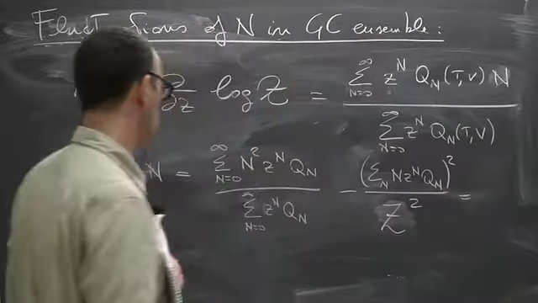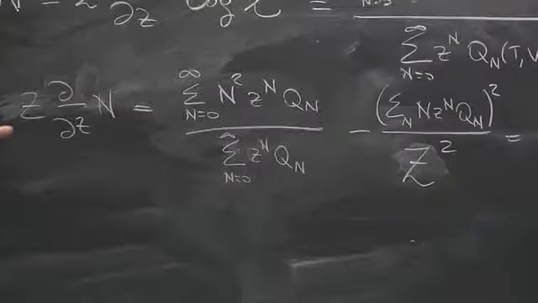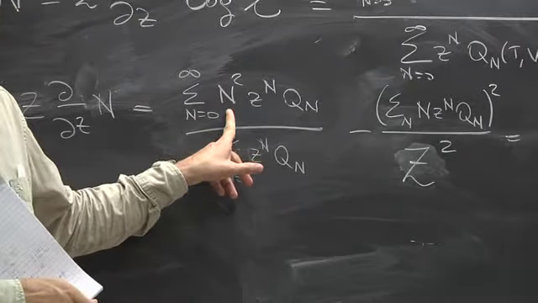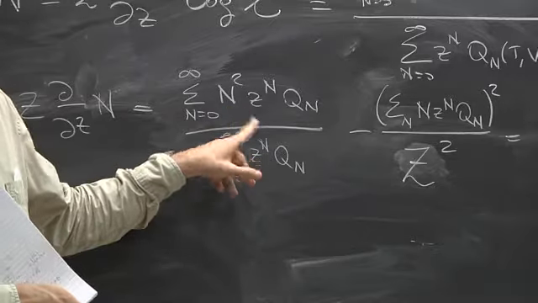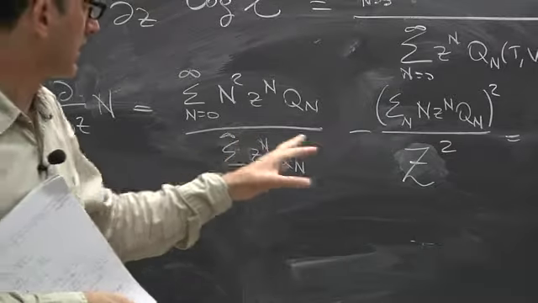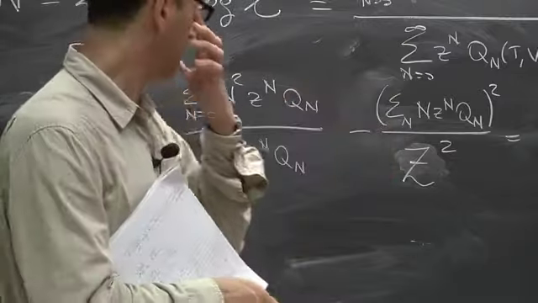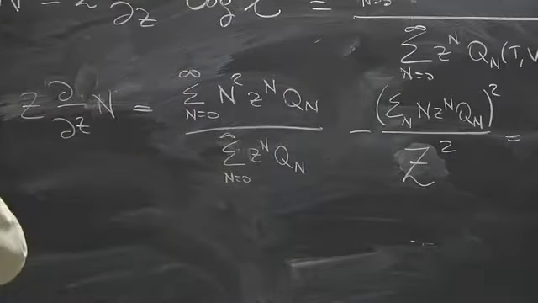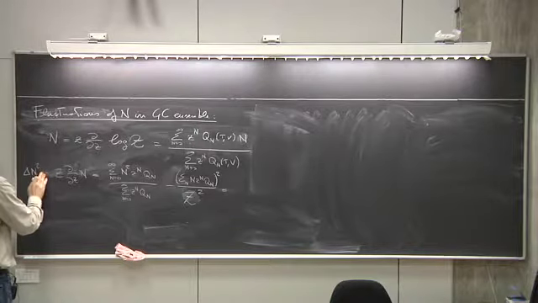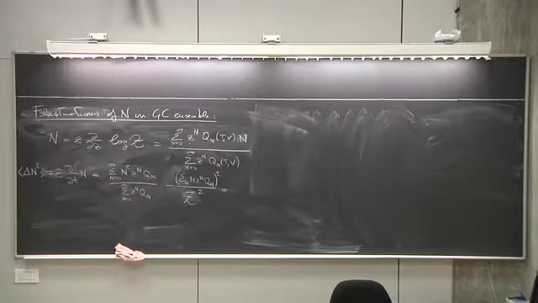Okay, so now you look at this expression, and you see this is the expected value of n squared over the grand canonical ensemble, and this is the expected value of n squared. So this is precisely equal to the square fluctuation of the number of particles.